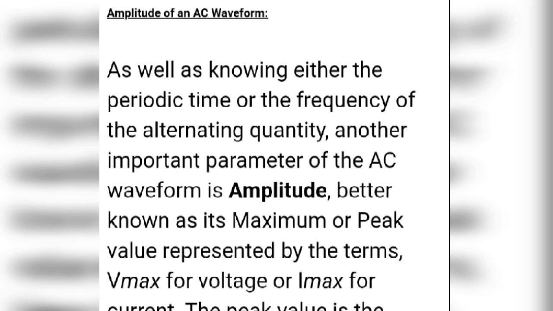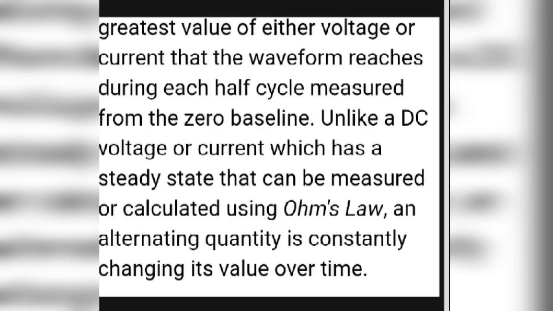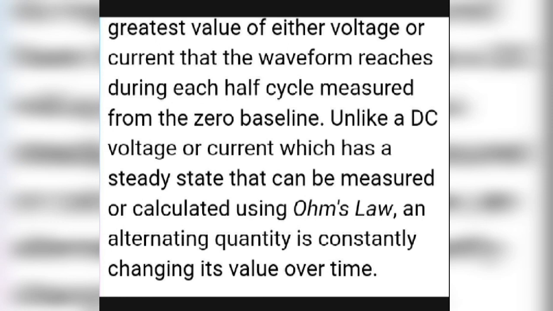As well as the periodic time or frequency of the alternating quantity, another important parameter of an AC waveform is the amplitude, better known as its maximum or peak value, represented by the terms V maximum for a voltage or I maximum for the current. The peak value is the greatest value of either voltage or current that the waveform reaches during each half cycle, measured from the zero baseline.